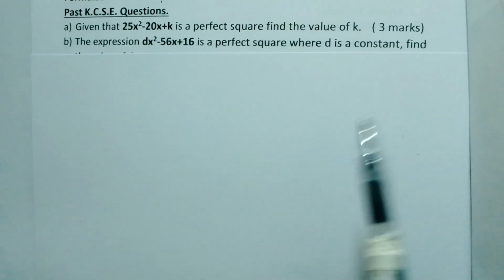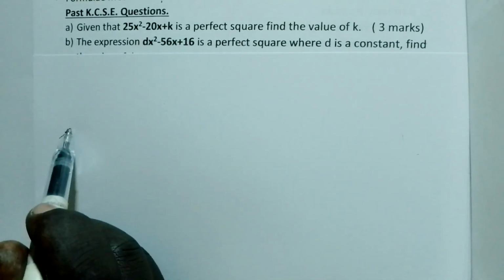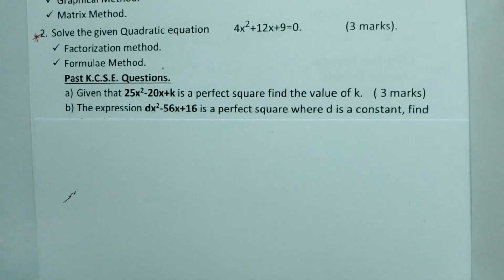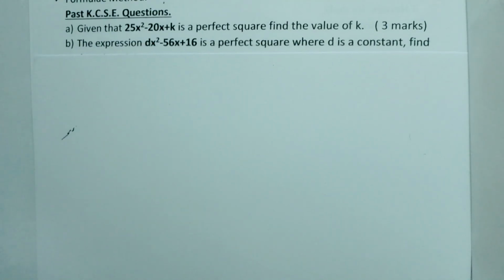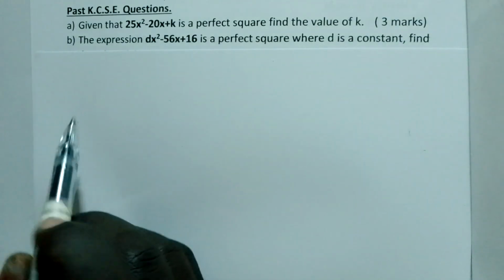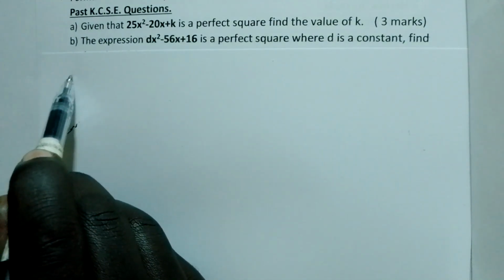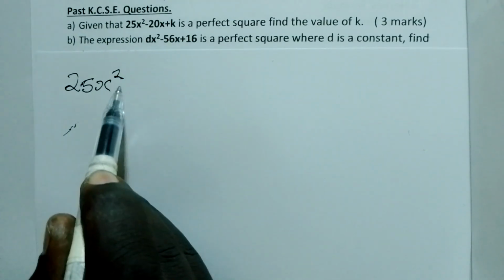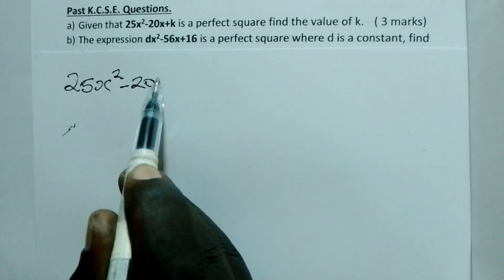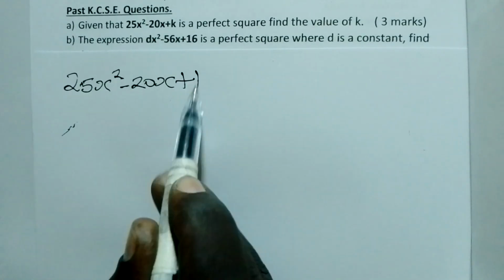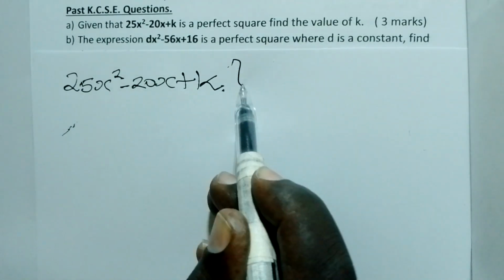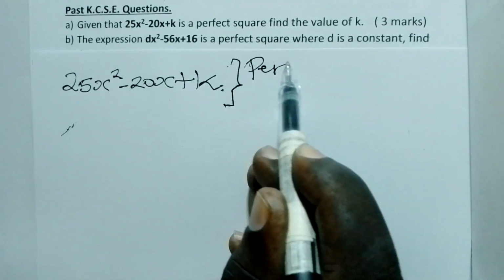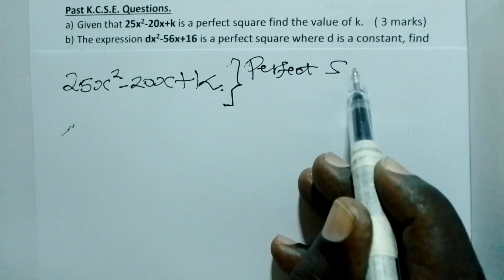So this is more or less completing this equation, or making it become a perfect square. We have 25x squared minus 20x plus k, and we want to make it a perfect square.